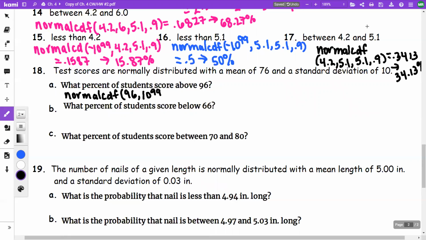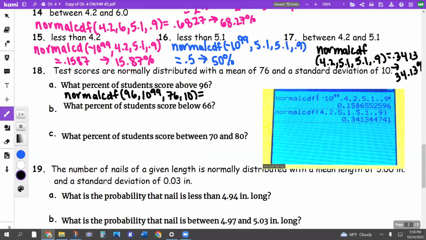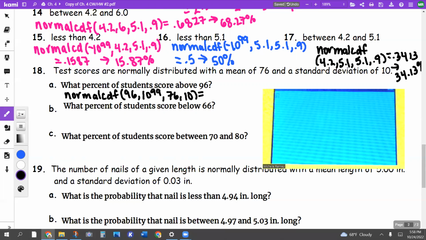Infinity, or 10 to the 99, is going to be my upper bound. My mean is 76 and my standard deviation is 10. And I'm going to put that into my calculator: 90, 10 to the 99, 76, and 10.